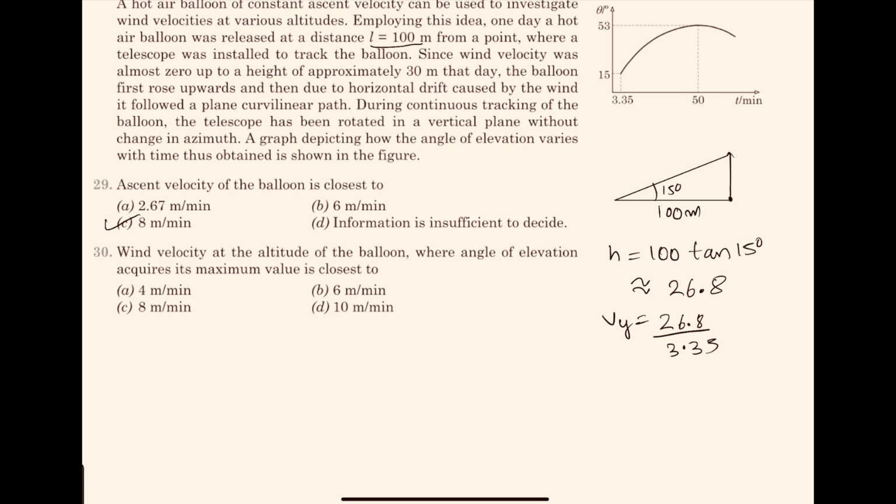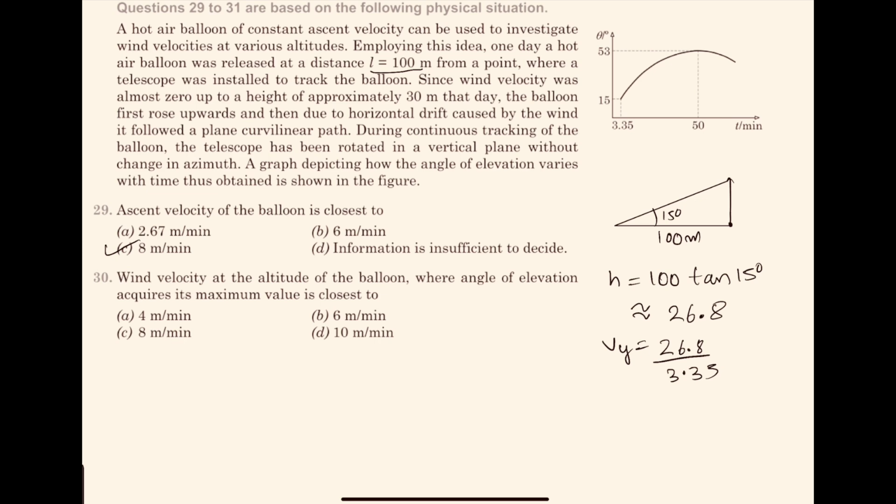Then next, wind velocity at the altitude of the balloon where the angle of elevation acquires its maximum value. So 53 degrees is the maximum value, and you see what is happening. Just try to imagine this. As the balloon is rising, it is drifting as well.